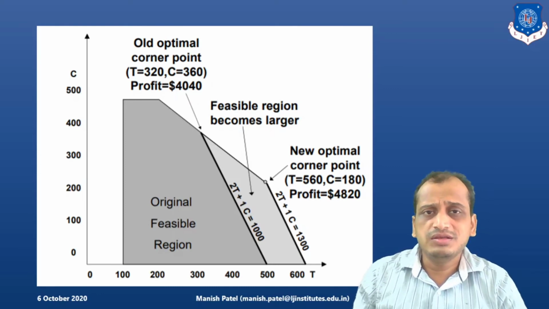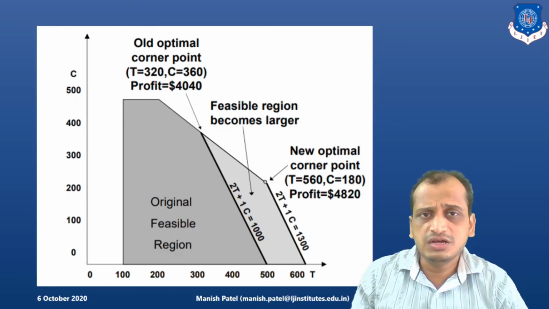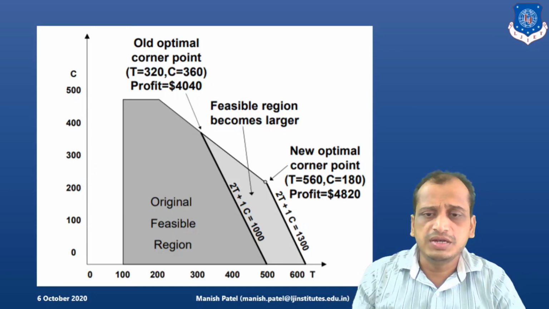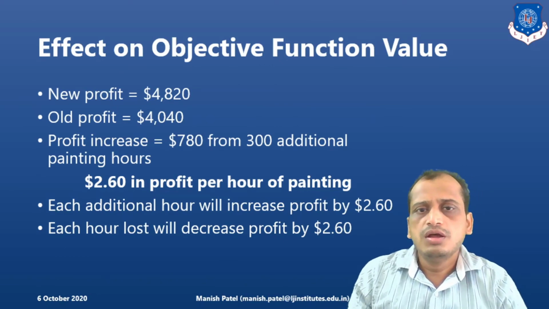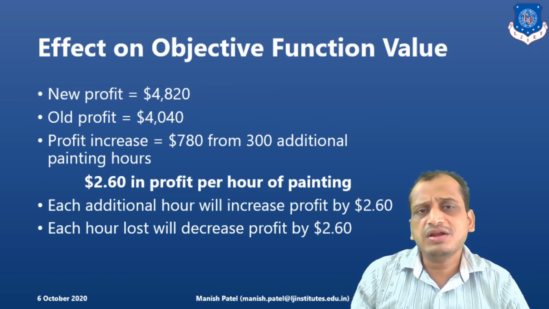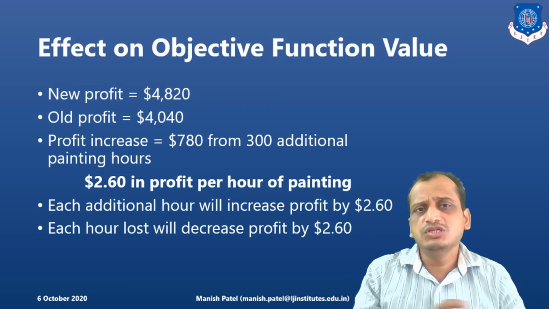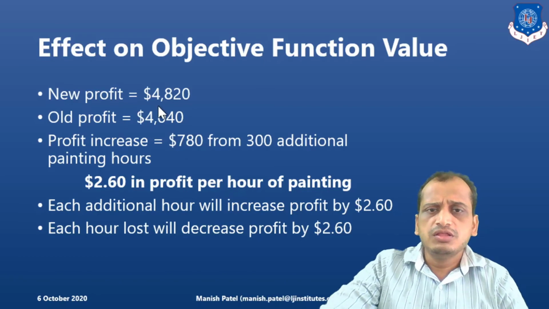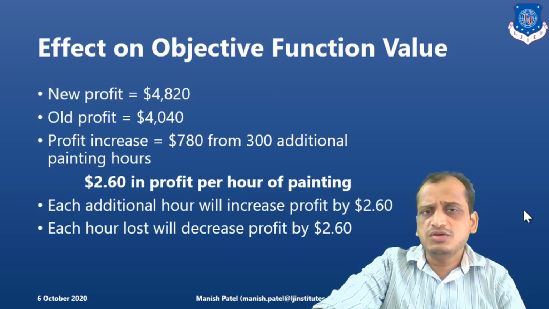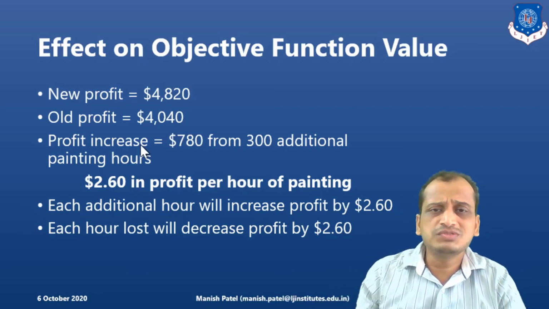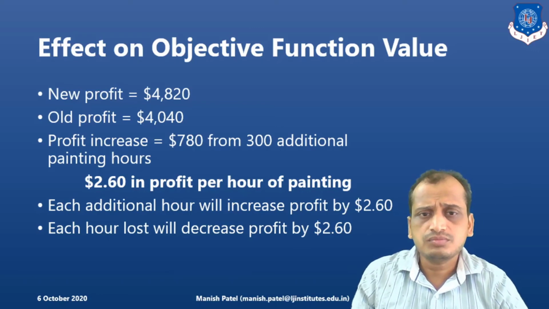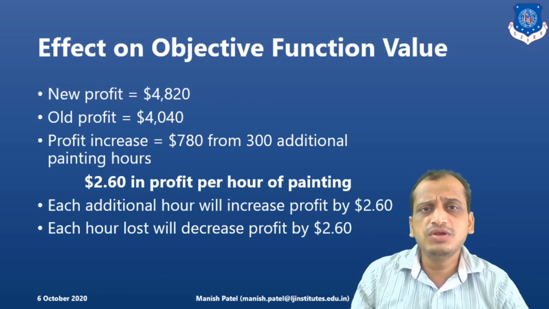And definitely the profit has also increased because you have increased the resource. Now, what will be the effect on the objective function? Put these values into the objective function and the new profit we realized was 4,820, while the old profit was 4,040. Definitely an increase of 780 dollars by increasing 300 units of painting hours.